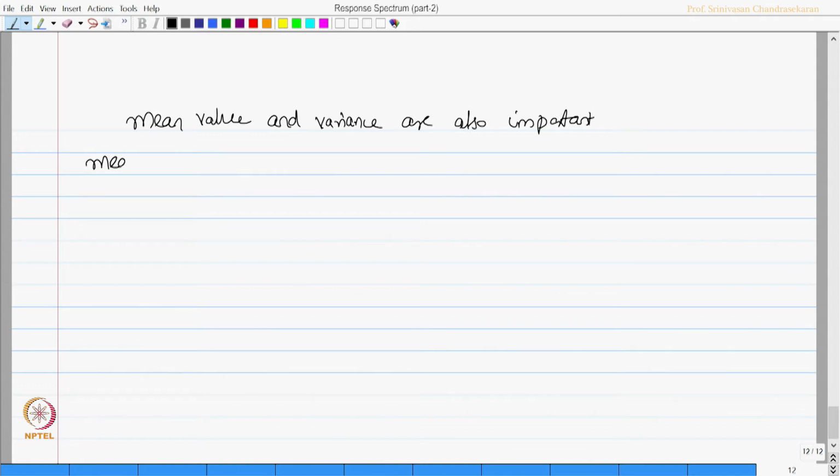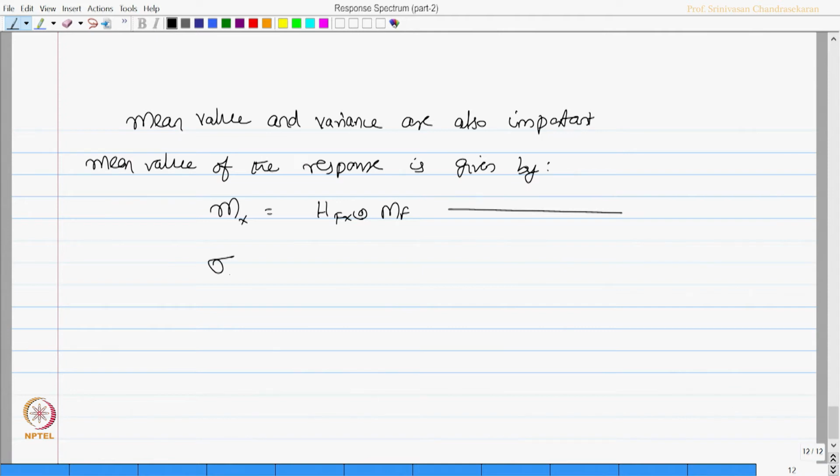So, mean value of the response is mx equals hfx 0 times mf, which we already derived, and the variance is the integral from minus to plus infinity of |hfx omega| squared Sf omega d omega. I call this equation 20.